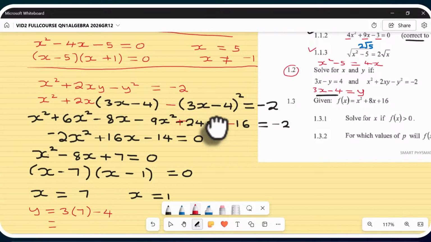Okay, so in here now we are solving x squared plus 8x plus 16 greater than 0, right?